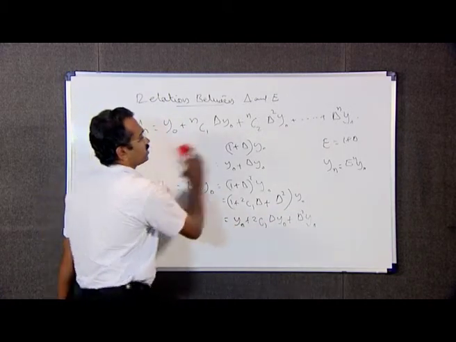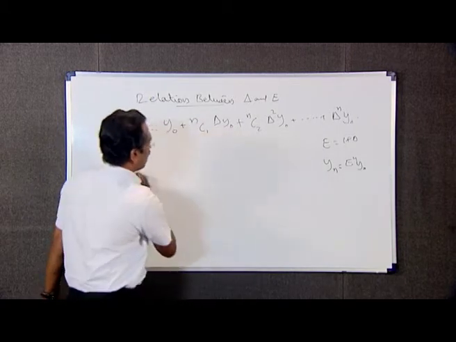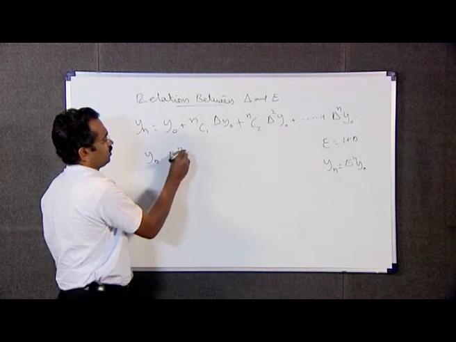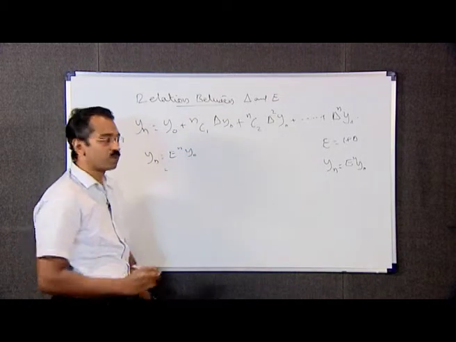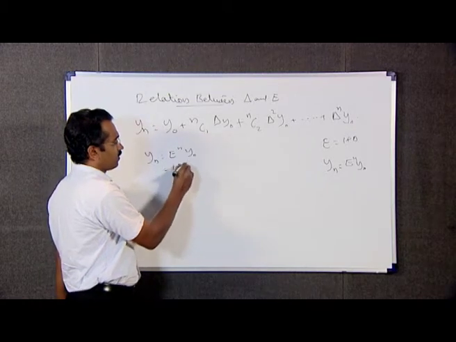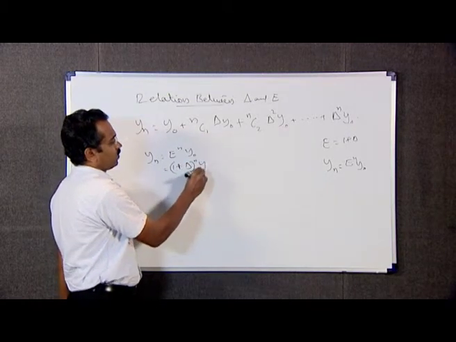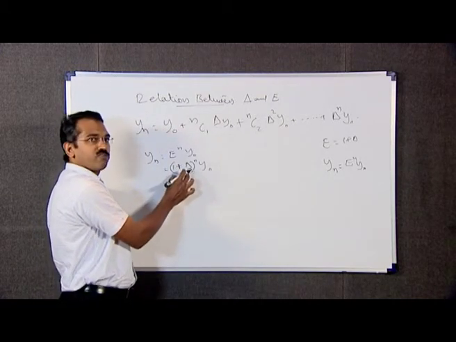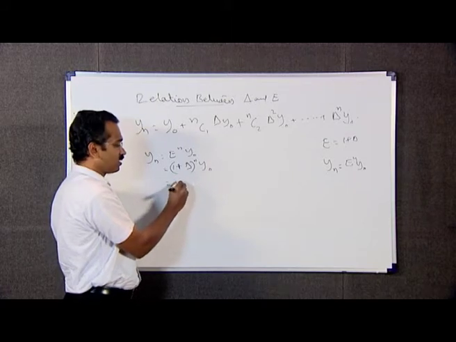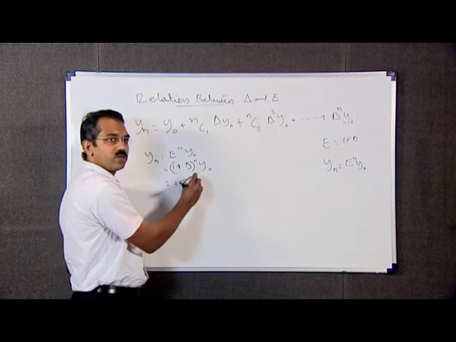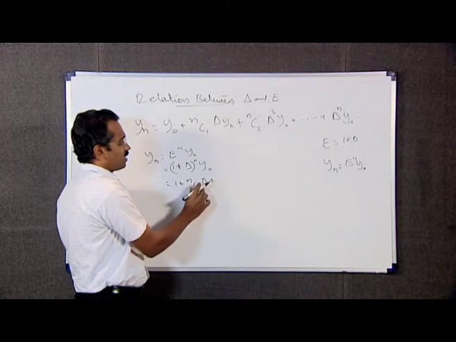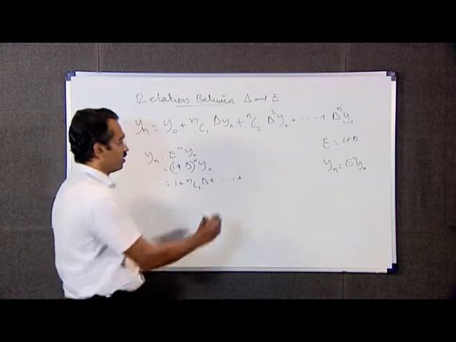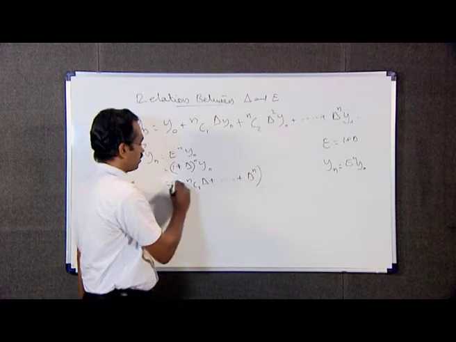Similarly, we can write yn is equal to E raised to n y naught, that is equal to 1 plus delta all raised to n y naught. By the expansion of 1 plus delta all raised to n, we can write 1 plus nC1 into delta plus nC2 into delta square plus etcetera, plus nCn, which is 1, delta raised to n y naught.